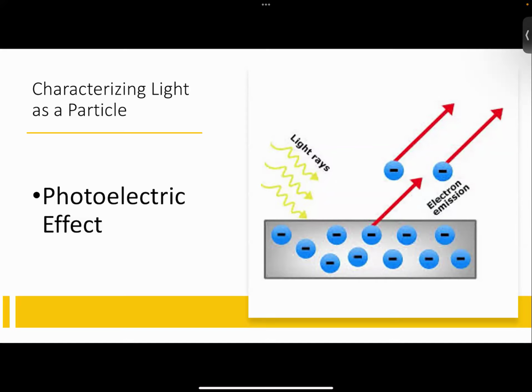No, you have to give it the right amount of energy to get it moving. So we started thinking about electrons as particles. You have to give it just the right amount of energy, meaning just the right frequency or greater, in order to overcome its binding energy and be ejected.